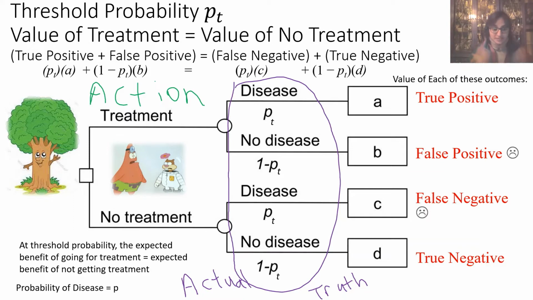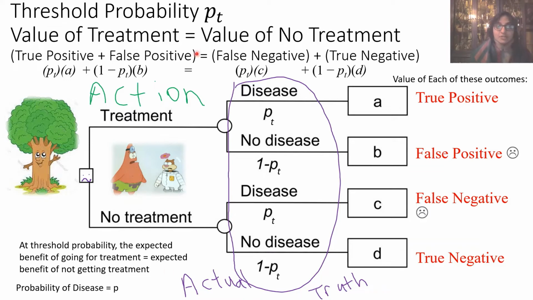We're going off of an assumption, and the probability of the disease is P. But we're taking an action: either we go for treatment or we don't go for treatment. So this is us over here. We're not too sure what outcome we want to go for. We're really confused about what we should go for.